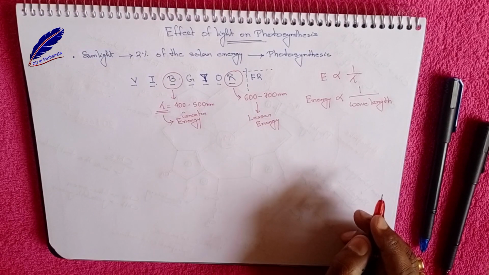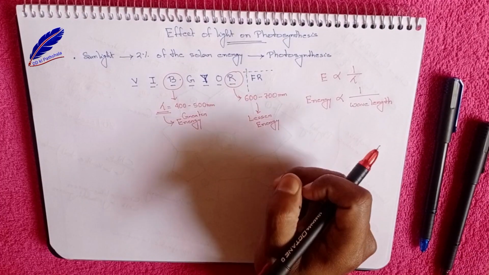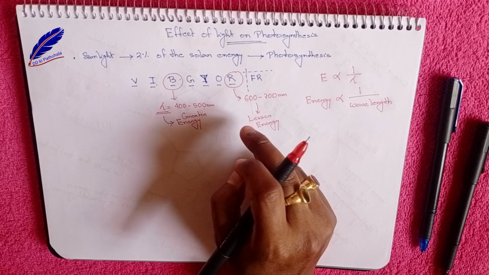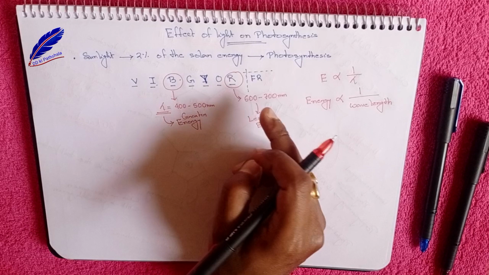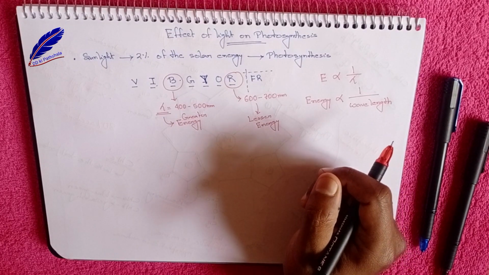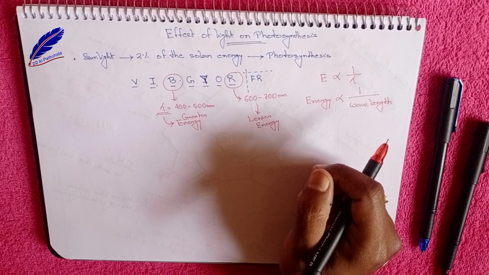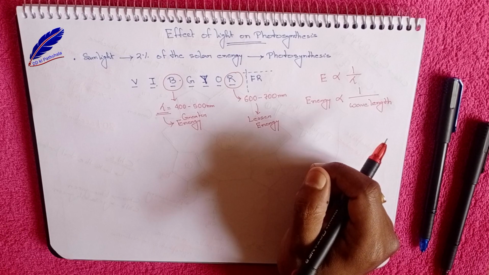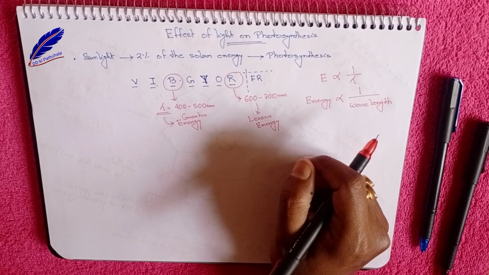So if we compare blue light with red light, the energy potentiality of blue light is more than that of red light. So out of the 7 monochromatic lights of the visible range, photosynthesis is generally performed under the blue light zone and under the red light zone.